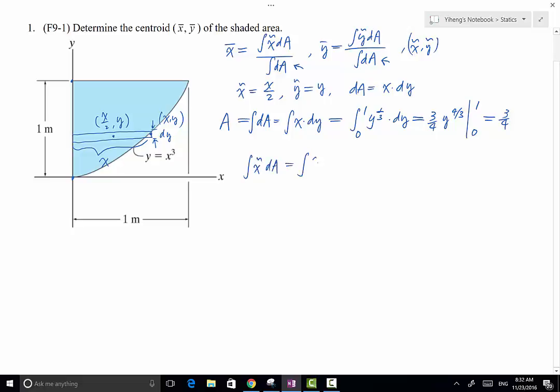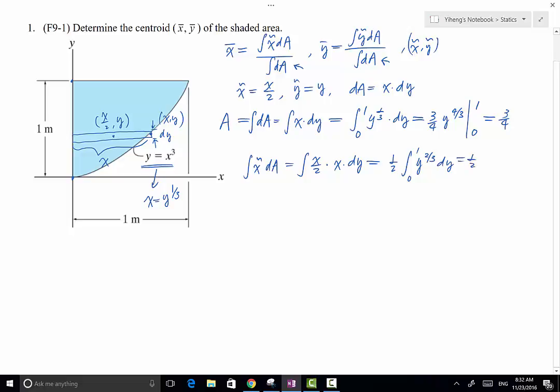So to calculate x bar, we need to integrate x tilde dA. x tilde equals x over 2, dA equals x dy, and don't forget x equals y to the 1/3 power. So again, y equals x to the 3rd power, therefore x equals y to the 1/3 power. So we have x squared over 2, therefore this equals 1/2 y raised to the 2/3 power dy, again integrated from 0 to 1.